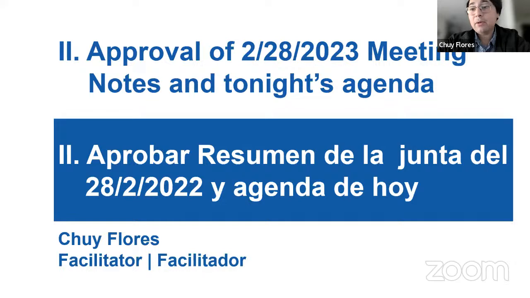We could either hold off on approving the notes until we identify those folks, or leave the notes as is with those folks unidentified. Do you need a motion, Chuy?